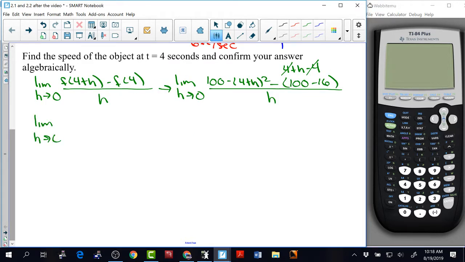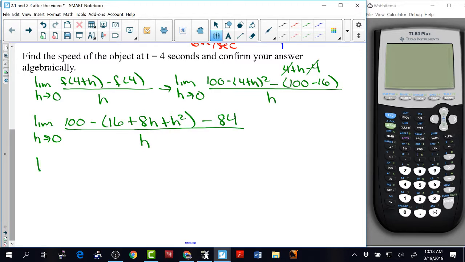Limit as h approaches 0 of 100 minus 16 plus 8h plus h squared, minus 84, all over h. Limit as h approaches 0 of 84 plus 8h plus h squared, minus 84, all over h.